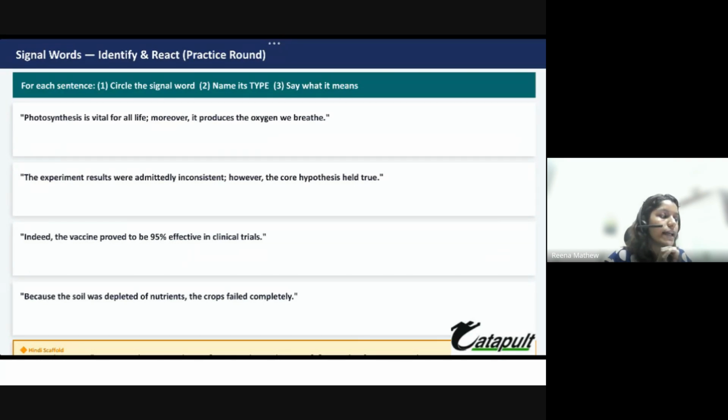Now let's try to understand the signal word. Look at the first sentence. Photosynthesis is vital for all life. Moreover, it produces the oxygen we breathe. What is the signal word here?